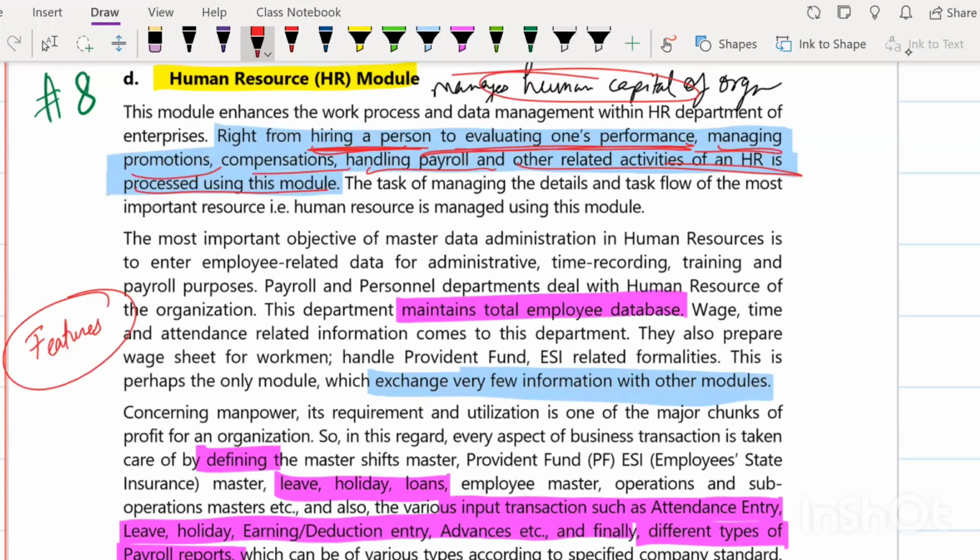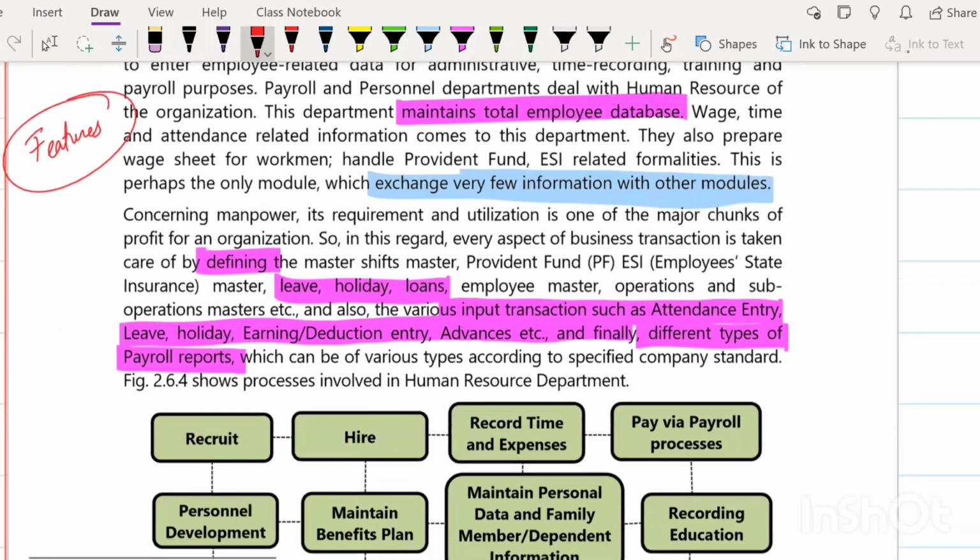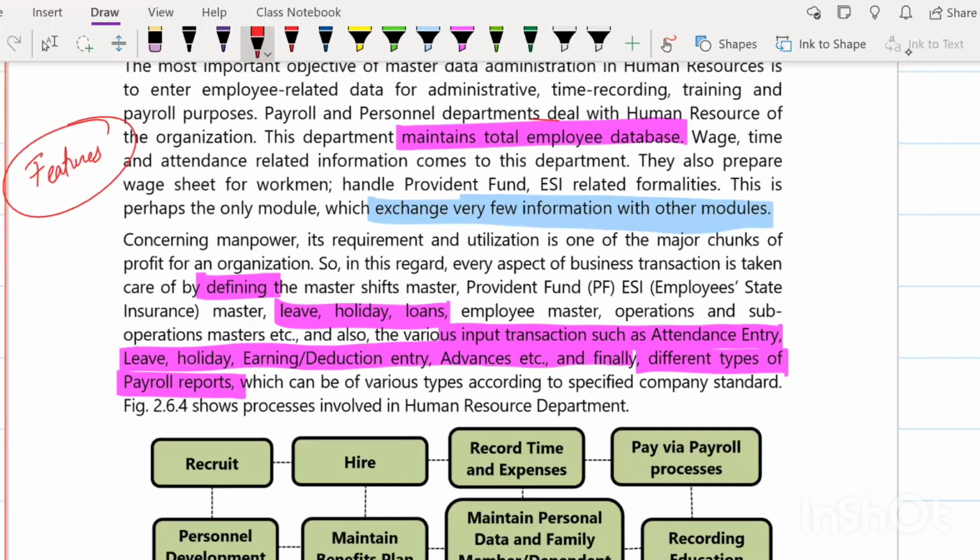If you want to hire a person, compute the salary of a person, or decide how the promotion should be given, all the data you will have in the HR module. This HR module maintains a total employee database. All the data related to the employees in the company, each and every single thing, will be available in this module.